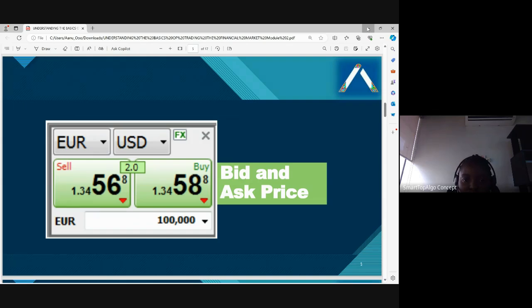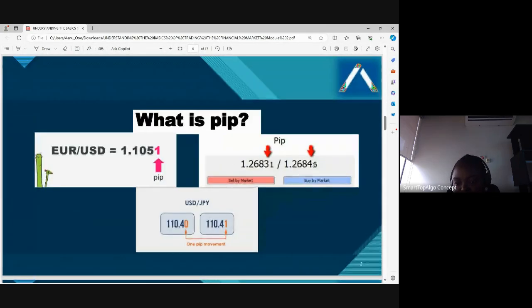Are we together? Now, this is just to be able to know the difference between the pip and the pipette. Now, what exactly is the pip? Let's look at the definition. When you see PIP, it means percentage in points.